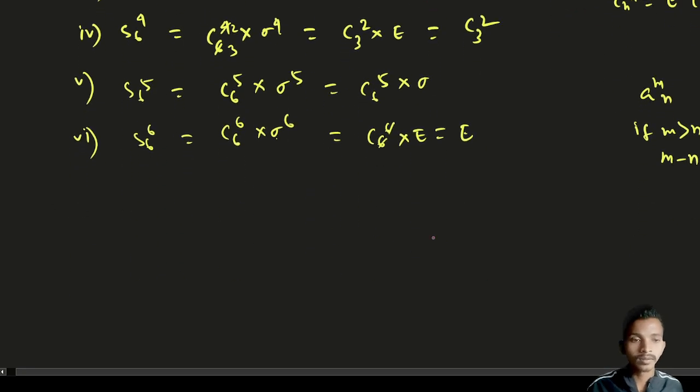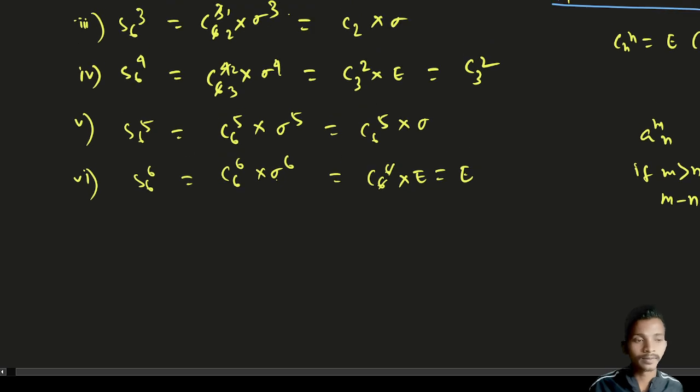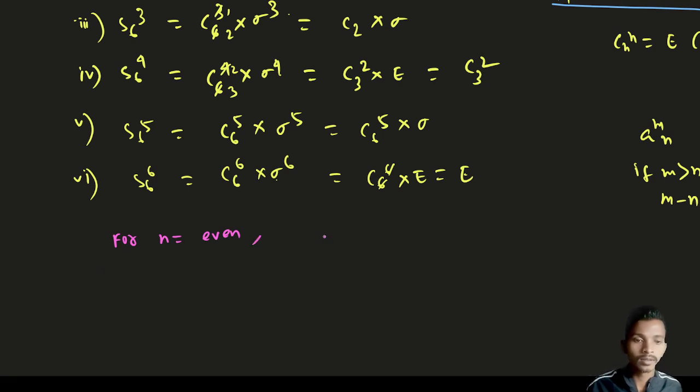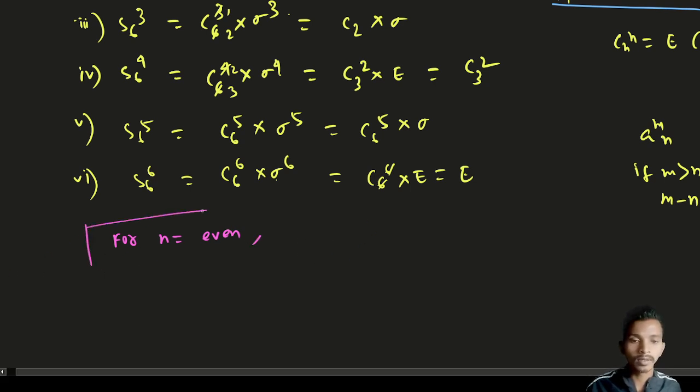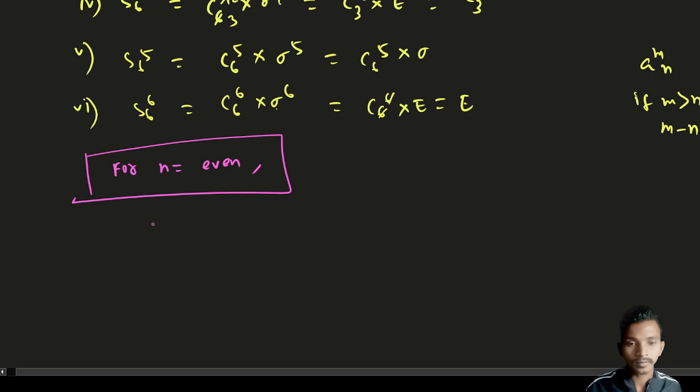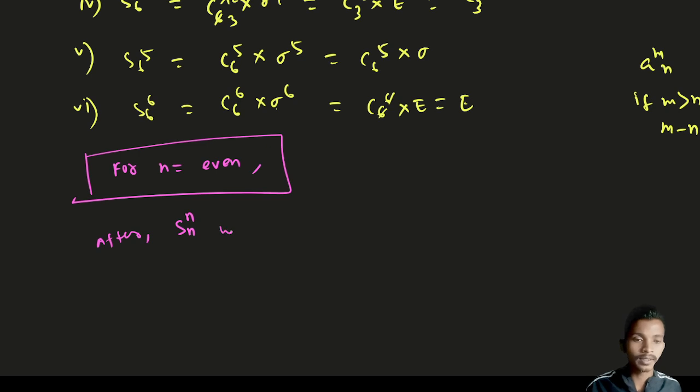So from here what we conclude is that for n equal to even, after SNN we get the identity element, or we get the same values.